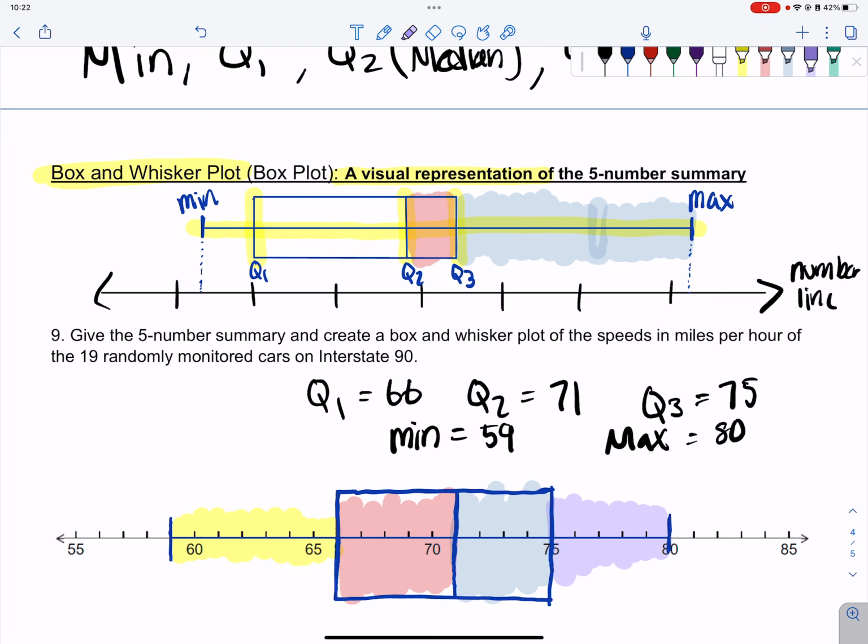So that tells us in the upper end, the data values are a bit closer together, while in the lower end of our data set, they're more spread out. They're farther away from each other.